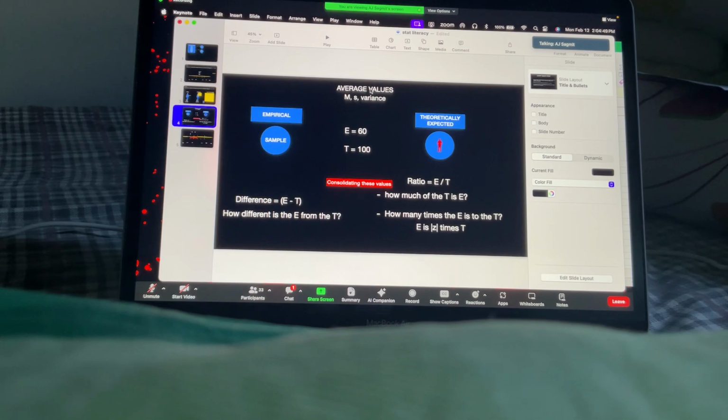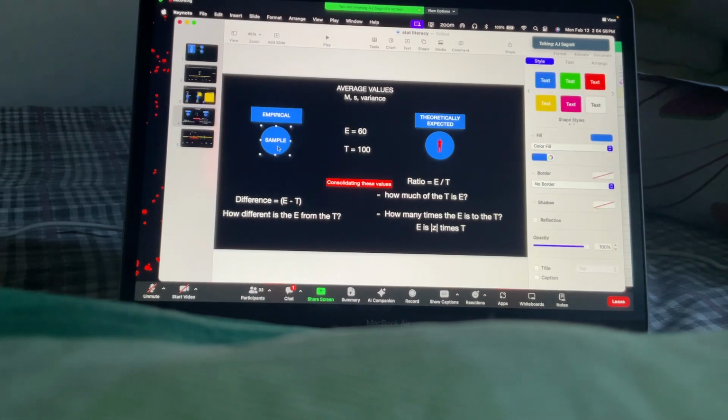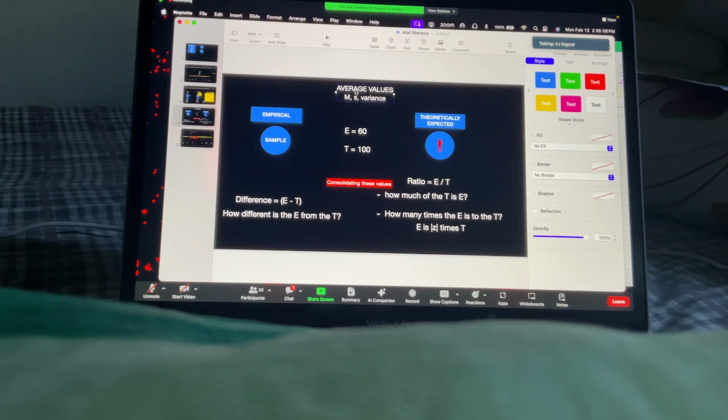As far as average values are concerned, you can use them or you can interpret them in two ways. If you're using the average value to describe a sample, it is empirical in nature. But if you use the average value to describe a person in that sample, it becomes a theoretically expected value.